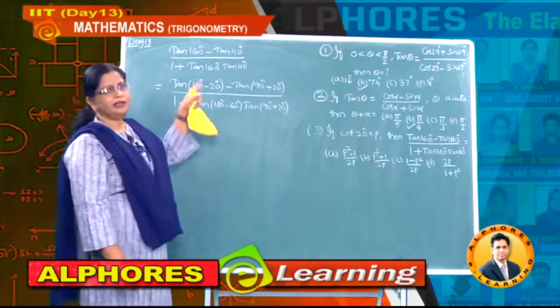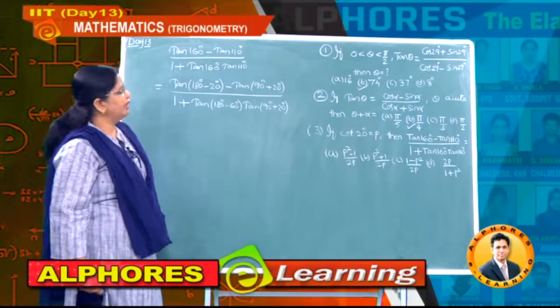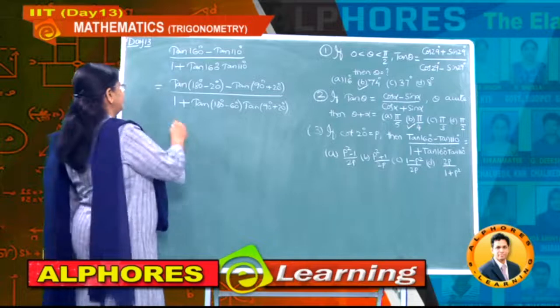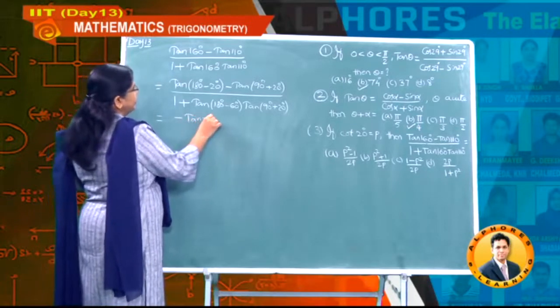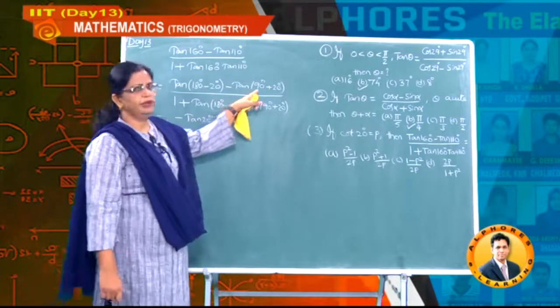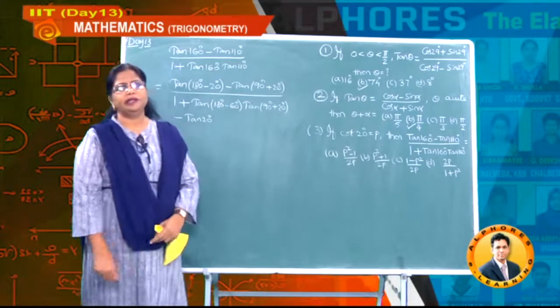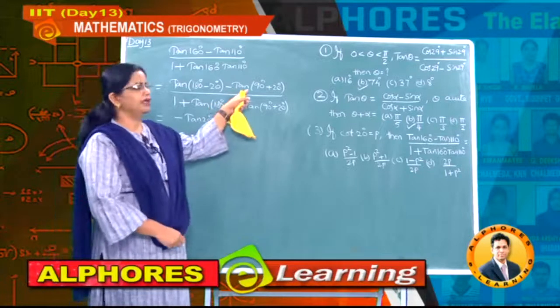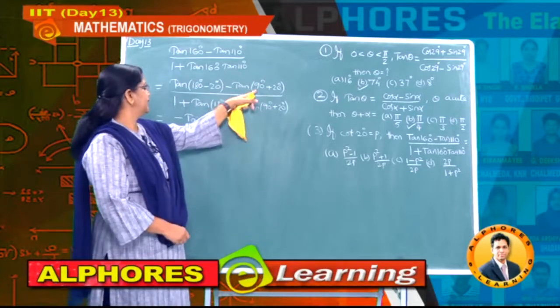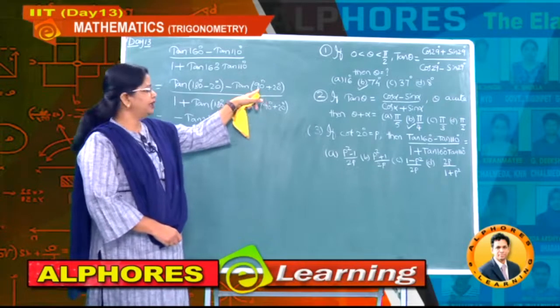What is tan of (180 minus theta)? Tan of (180 minus theta) is nothing but minus tan theta. So minus tan 20 degrees. Now tan of (90 plus theta): what is it? It is nothing but minus cot, because it is in the second quadrant and the angle involves 90 degrees.